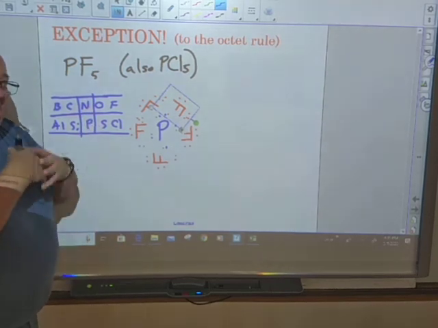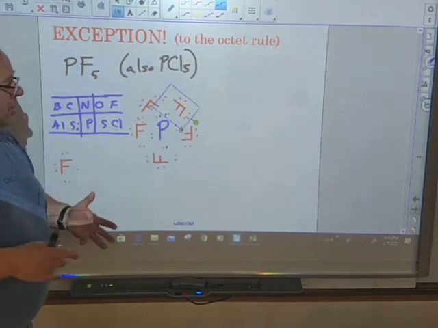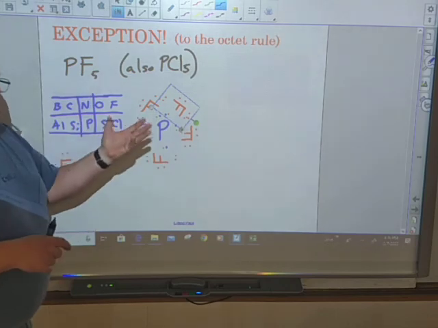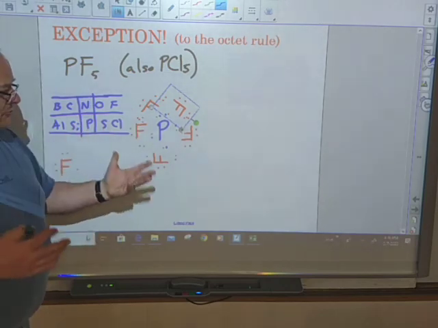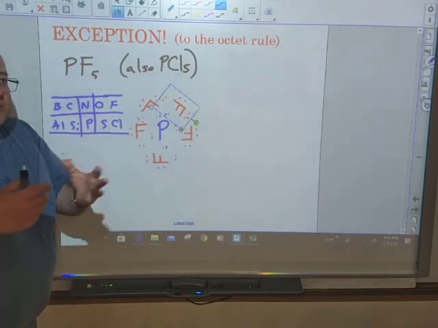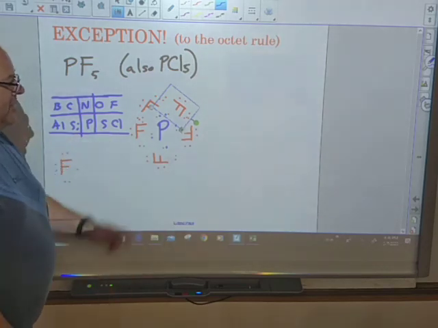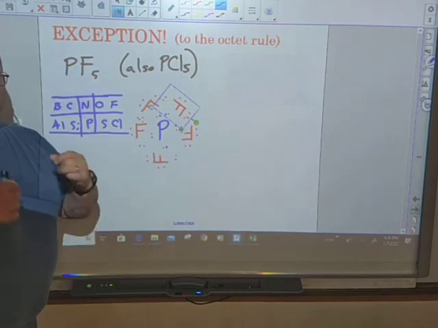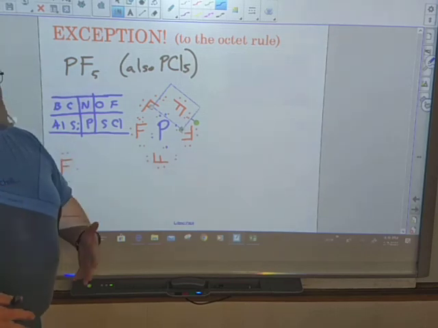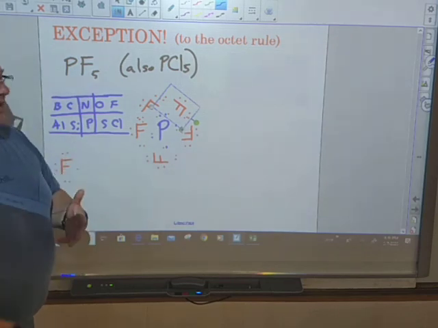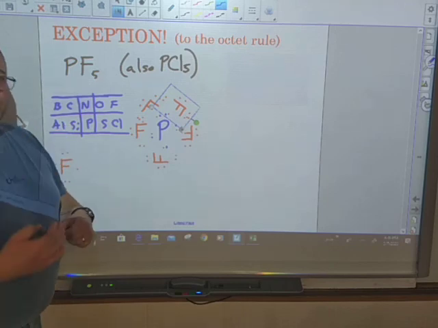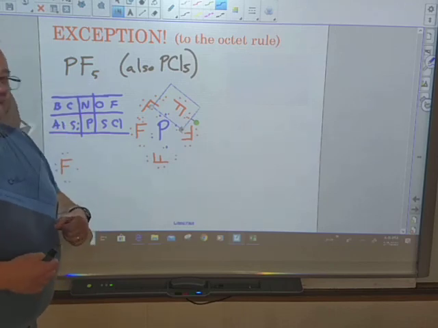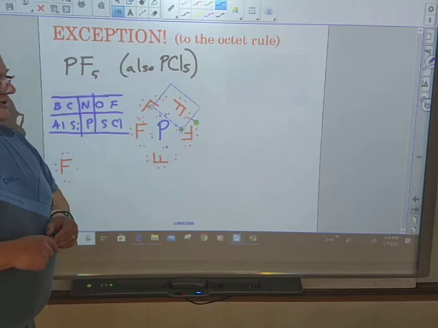There would not be any more orbitals available for nitrogen to use to make more than 4 possible bonds. That's it. But phosphorus, starting in this 3rd energy level, has another orbital. Now, I'd encourage you, rewind, play that back, think it through, look at your periodic table, see if you can process that.